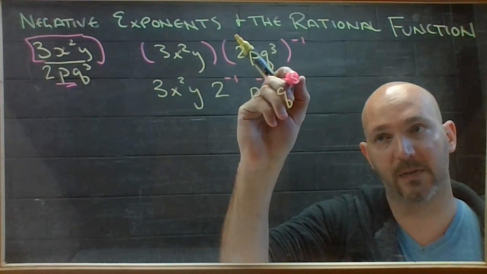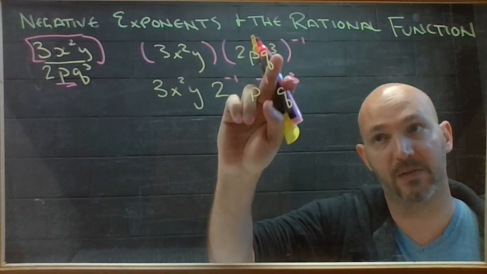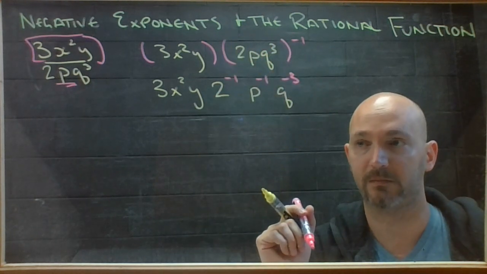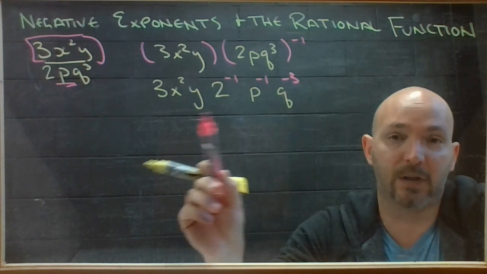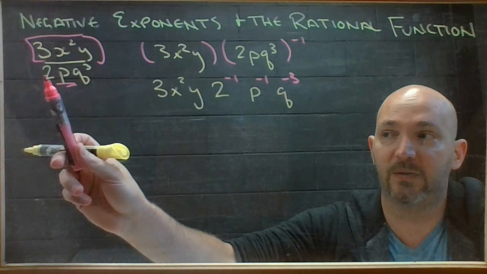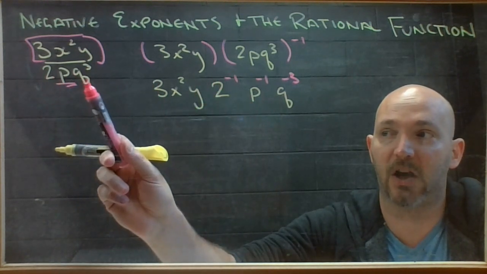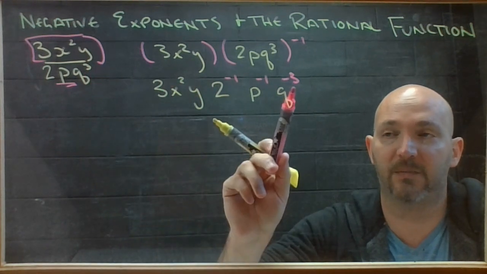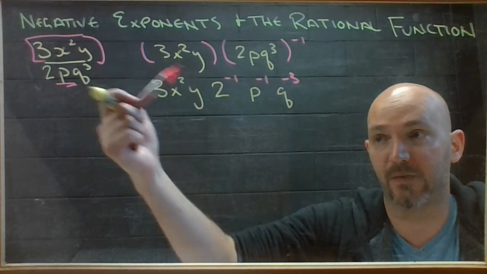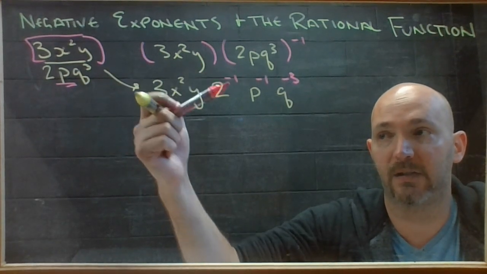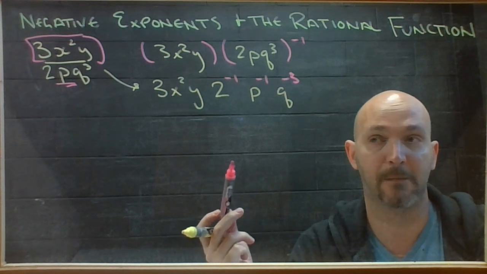If you remember, this particular exponent law said take whatever's in there and multiply that in. And if you look at what's written here, I just took a 2 and put a negative on it. I just took a p, put a negative on it, and I just acknowledged that this q cubed in the denominator was a negative. And so I was able to write this fraction as this expression, and I don't have any fractions in it.